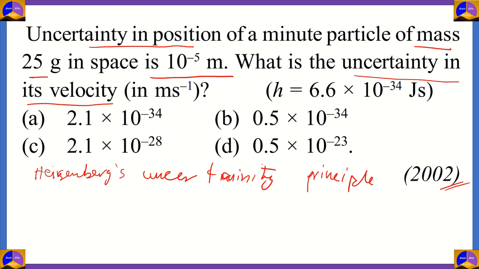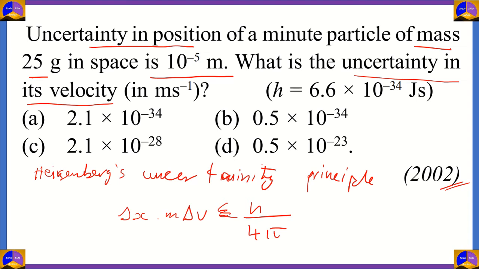If you were to write the formula for that, then it is delta x times m delta v is less than or equal to h by 4 pi. So what this means is that the uncertainty in position and the uncertainty in momentum, their product is less than or equal to the value of h by 4 pi, where h is Planck's constant.